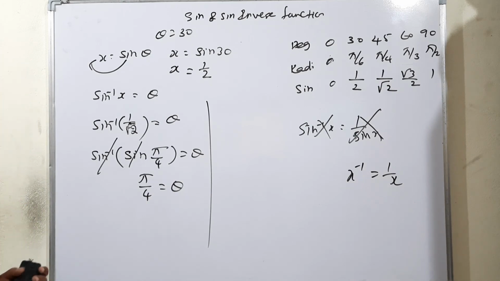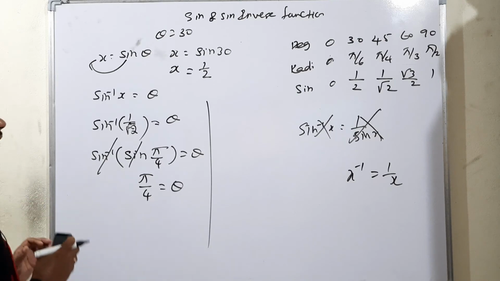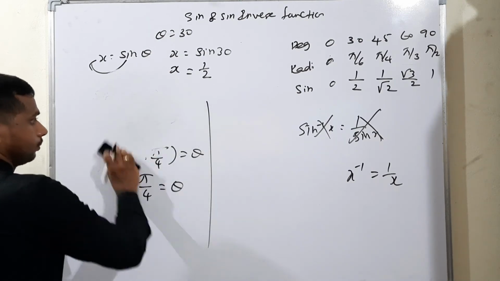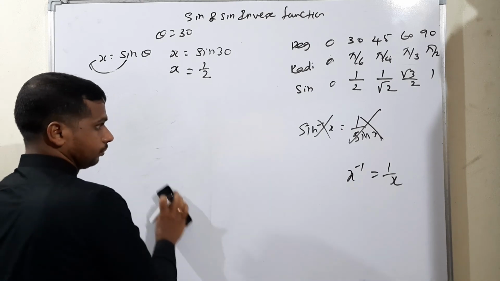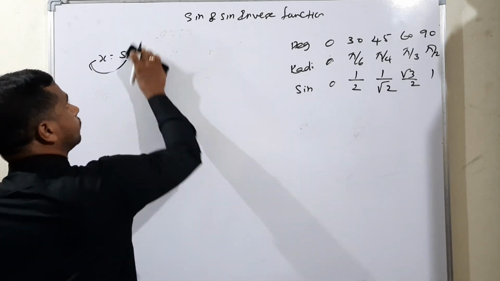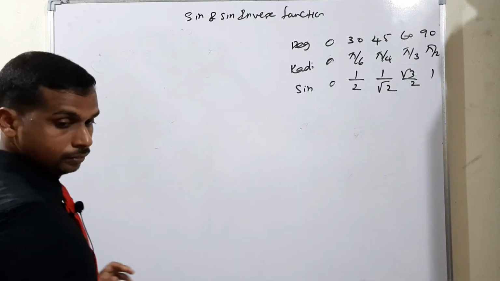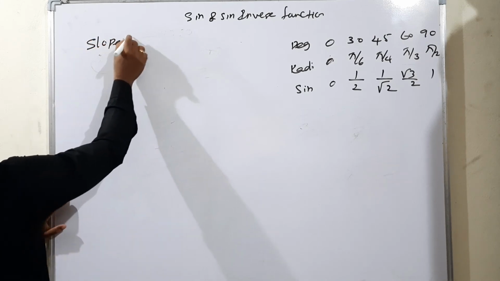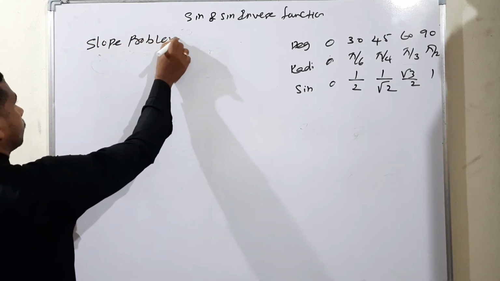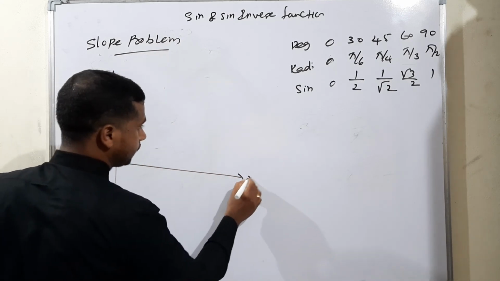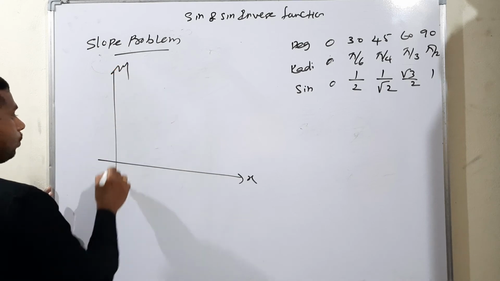Okay, I am moving to some slope problems. As per your book, the given slope problem is useful for 2 mark, 3 mark questions. So for the slope problem, if you have x and y, 2 points, this is called x, this is called y.